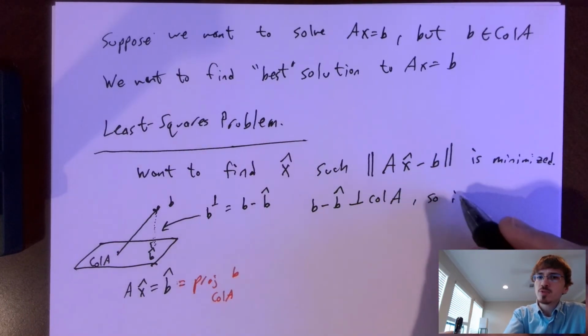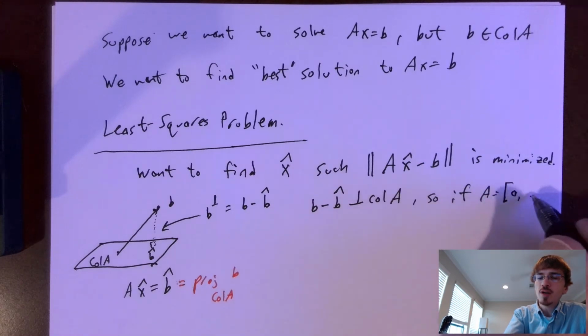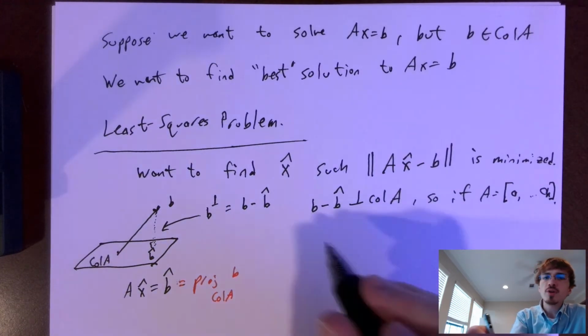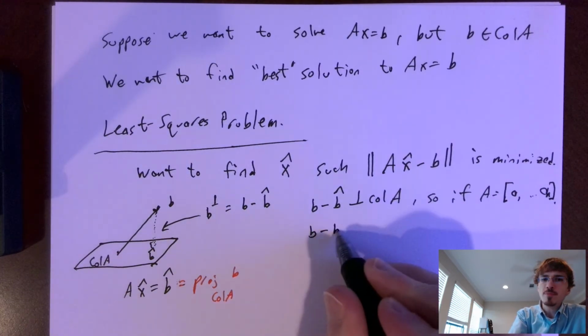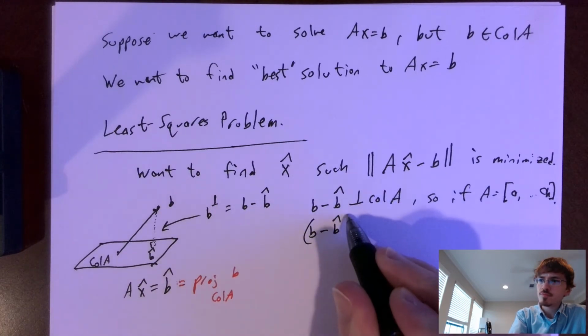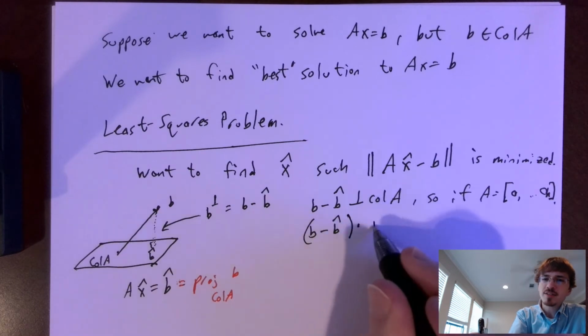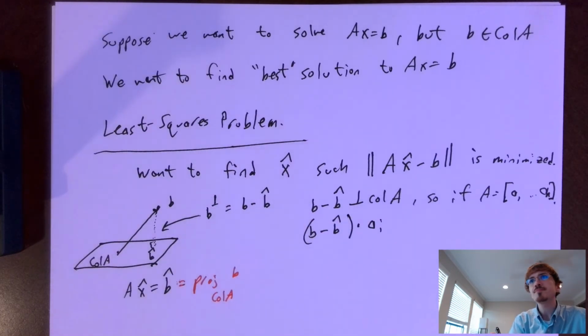So, suppose A has columns a1 all the way through an. What do we know, therefore, about (b minus b hat) dot a sub i? It has to be 0, right?